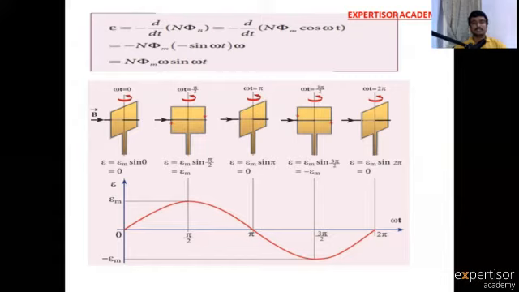Here N is the multiplying factor with phi B, and phi B is equal to phi m cos omega t. Differentiating cos omega t gives minus sin omega t into omega. So epsilon is equal to N phi m omega sin omega t.